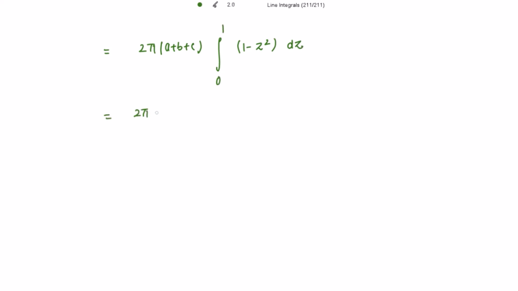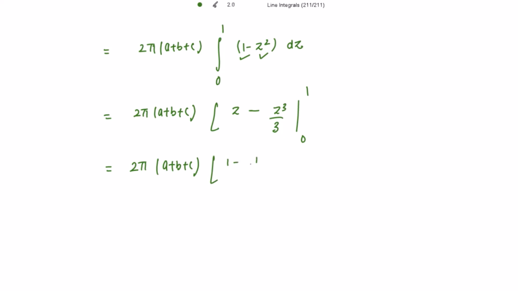So this is 2π (a + b + c), integrating 1 with respect to z, we get z, minus integrating z² with respect to z, we get z³/3, and the limits from 0 to 1. Putting the upper limit, we get 1 − 1/3, minus putting the lower limit, we get 0.